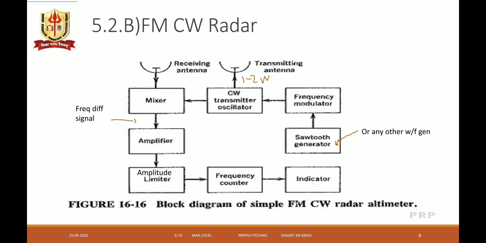Now this second type, the frequency modulated continuous wave radar. Earlier we have seen the unmodulated continuous wave Doppler radar. Here we have the frequency modulated continuous wave radar. Here we have separate transmitting and receiving antennas, which provide additional isolation between the transmitted and received signal.